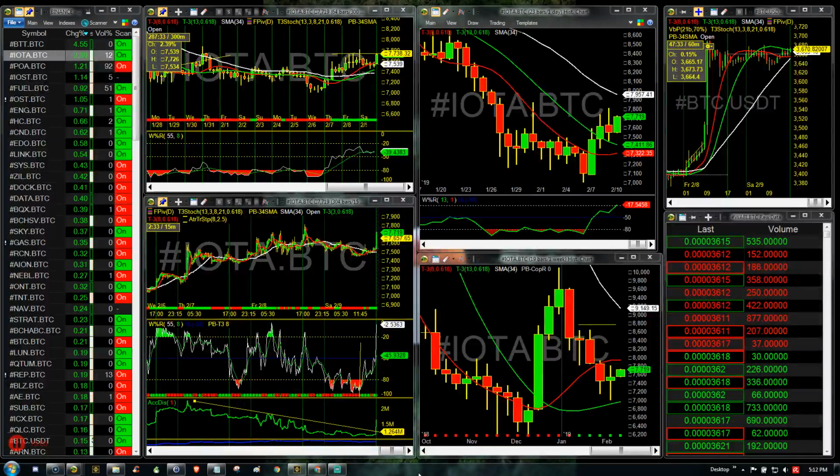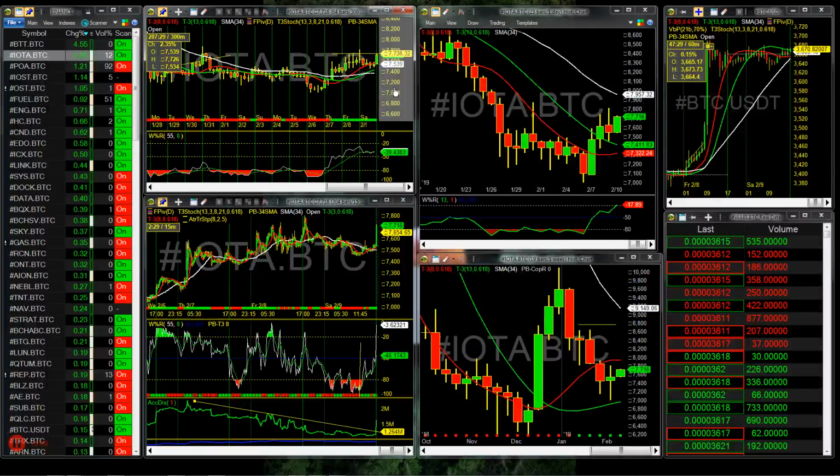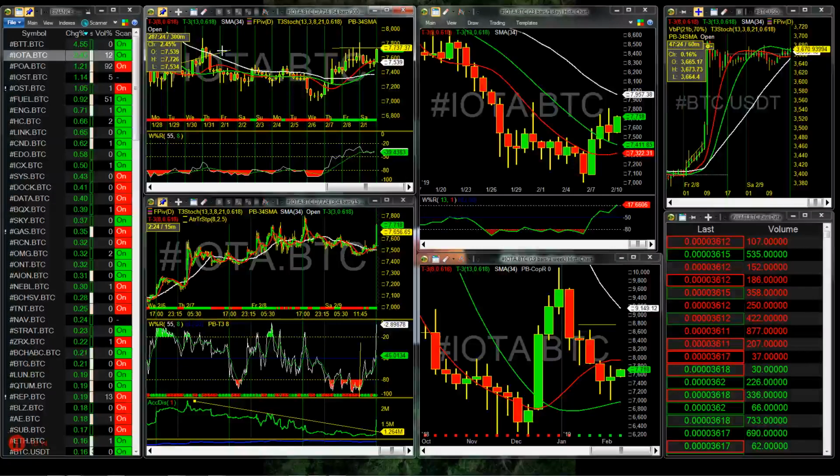Here comes IOTA across the previous highs. Gaining momentum on the volume.